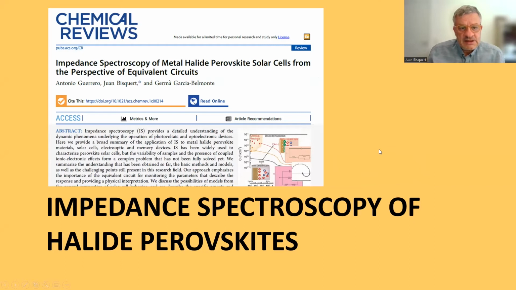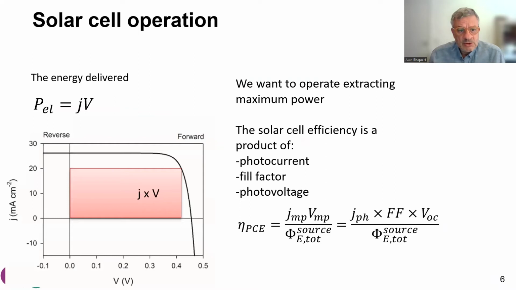We have recently published a review of the impedance spectroscopy of halide perovskites. It is a paper with Antonio Guerrero and Germán García Belmonte. In general, in the solar cell, you are interested in the JV curve, which will give you the power that you can extract and the efficiency.